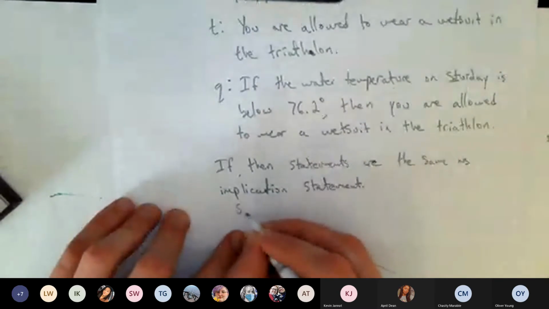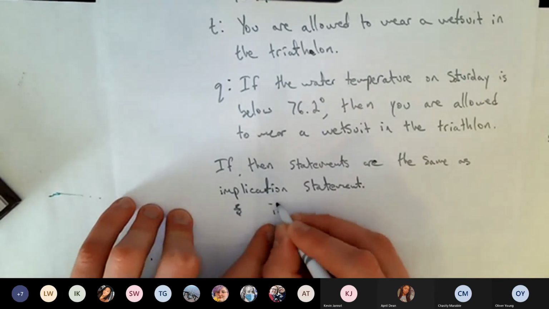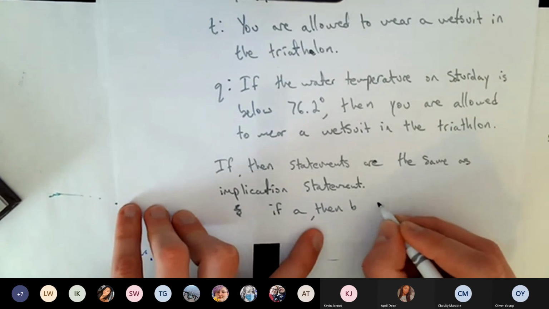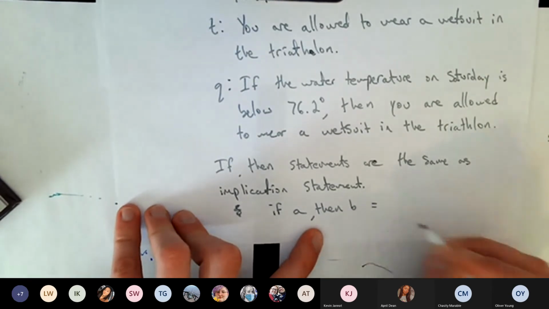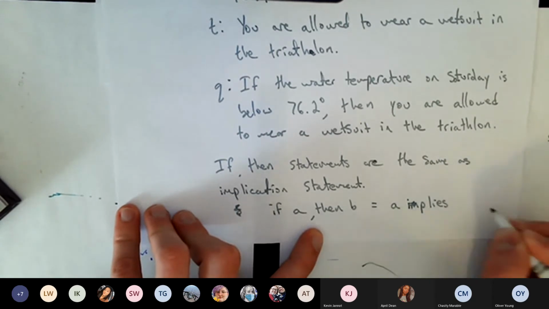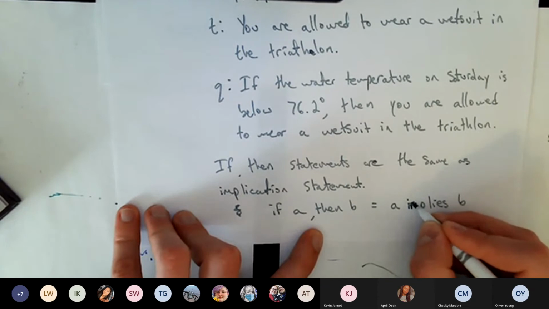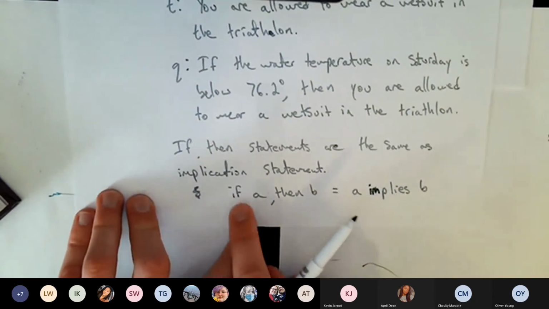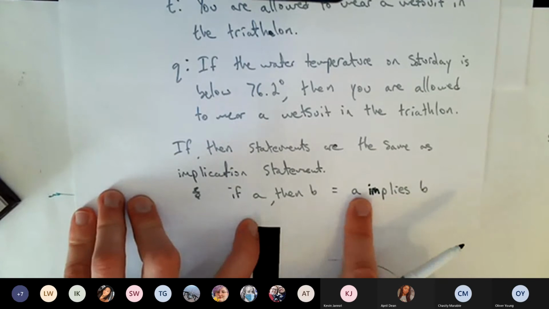So let me write that down. If A, then B is the same as, I wanted to write it in words, A implies B. I'm so used to writing it in symbols. Okay. If A, then B is the same as A implies B.